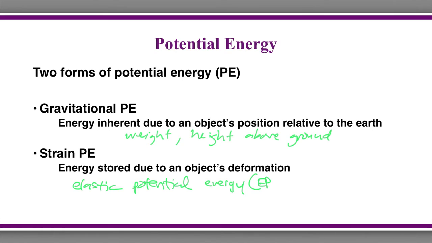All right. Now, this can be relative to sport based on equipment. If you think about a pole vaulter, there is strain potential energy stored in the pole that is bent as they stick it into the ground, and then it bends tremendously and essentially flings them over some height.